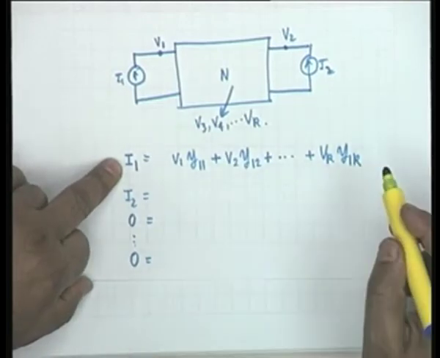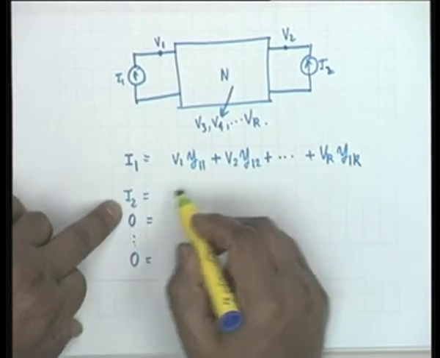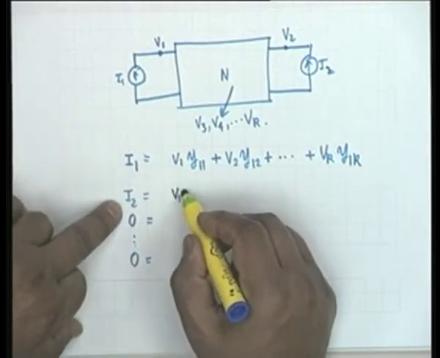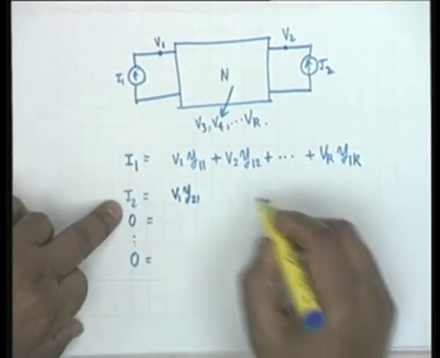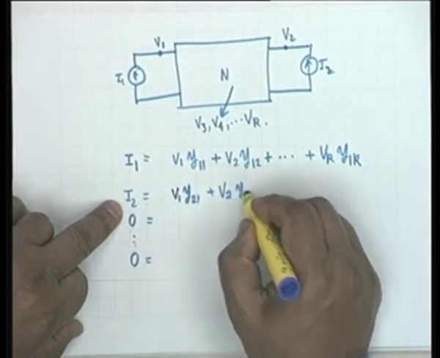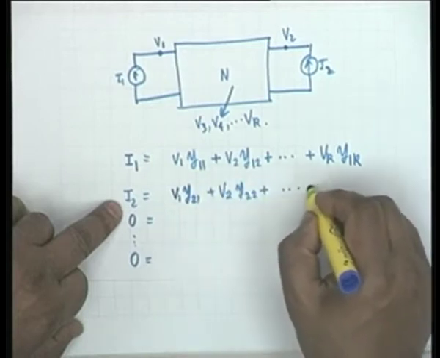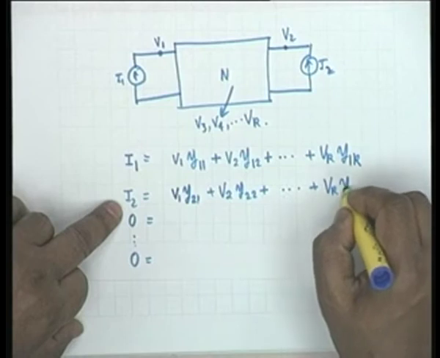All these coefficients must be admittances. Similarly, here I get V1 y21 plus V2 y22 plus etc. plus Vk y2k.